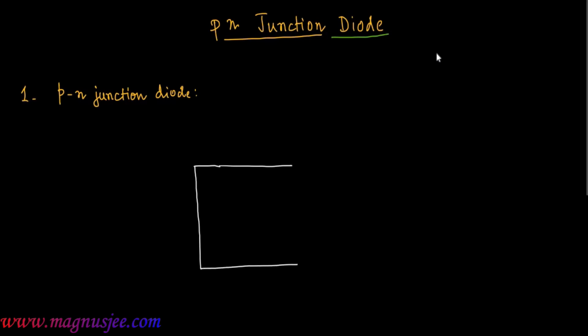Here we can draw a P-type semiconductor and an N-type semiconductor, which are placed in contact, and we get a PN junction diode.